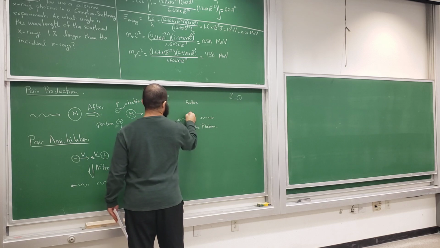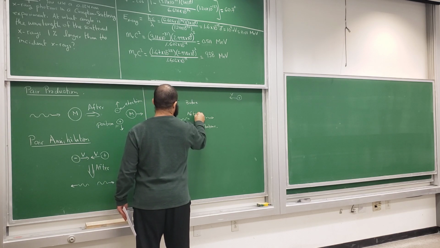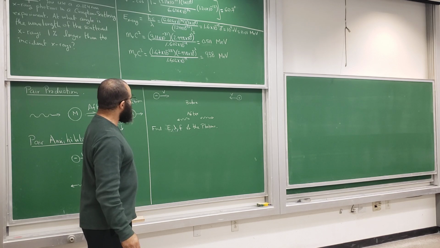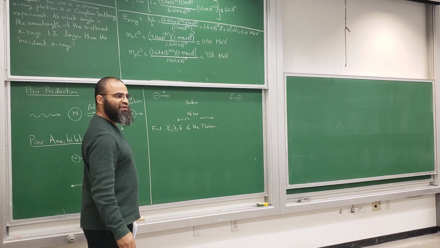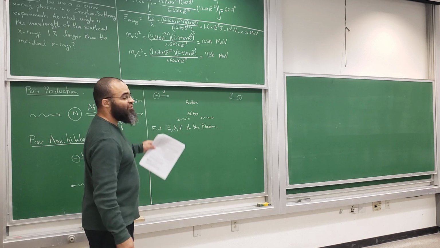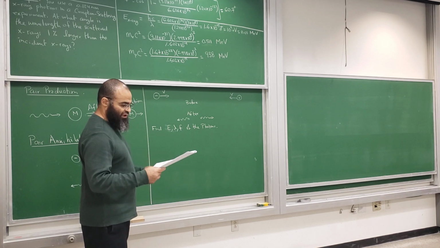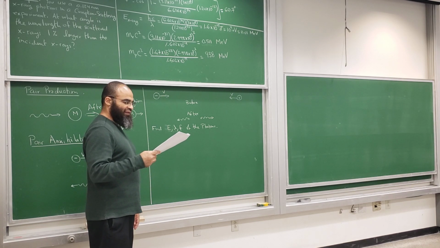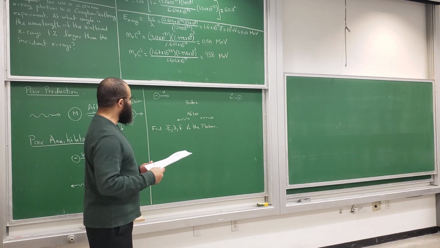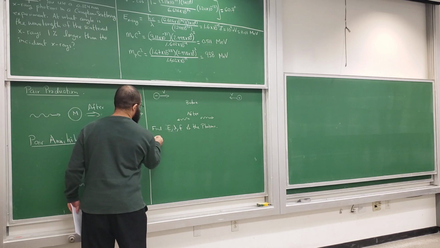So this is before, this is after. Is the picture clear what I'm trying to say? But I need to tell you more. I need to tell you either the velocities of the electron and positron, or how much energy they had in total, or something like that. Let's do it for this case.